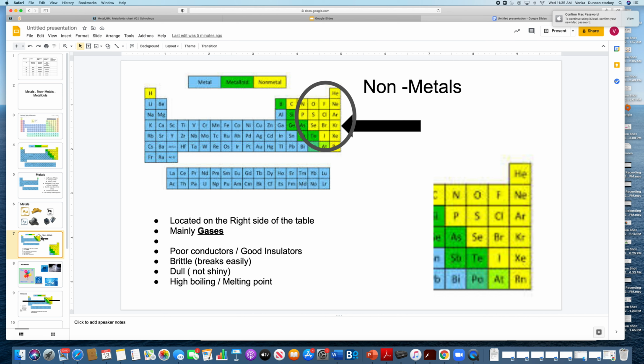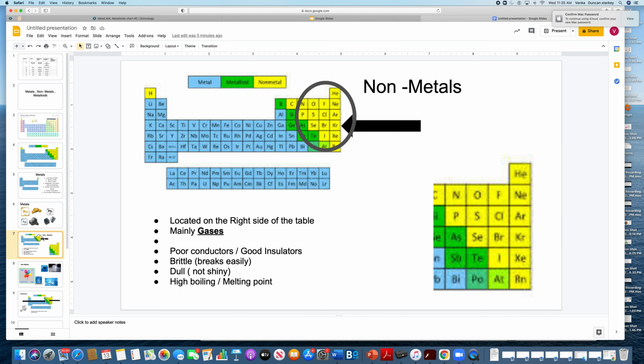Nonmetals are located on the far right side of the periodic table. They are mainly made up of gases. They are poor conductors or insulators. So they will be considered poor conductors, or you can say they're good insulators.